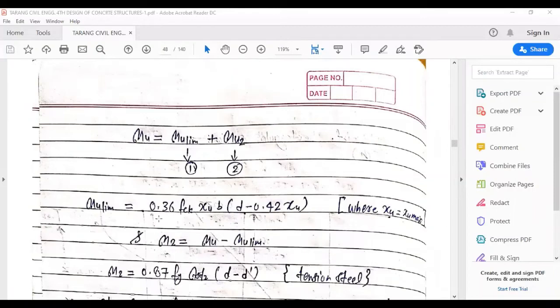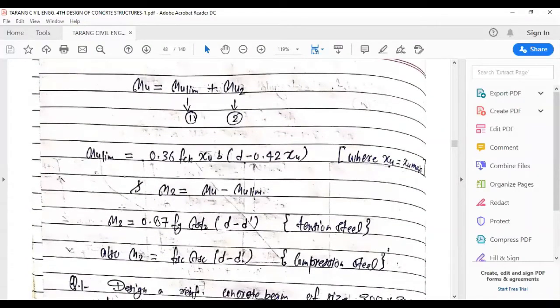And Mu limiting is given by the formula 0.36 FCK XU multiplied by B, and this multiplied by D minus 0.42 XU, where XU is XU max. This is again the same formula, and automatically the value of M2, if we transpose this to this side, comes out to be Mu minus Mu limiting.